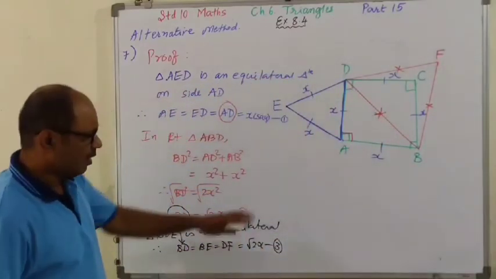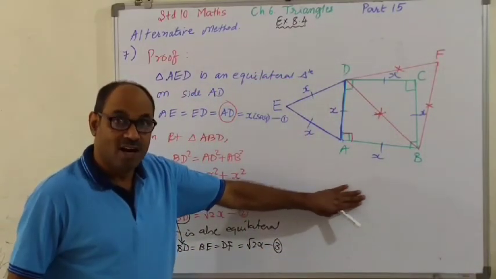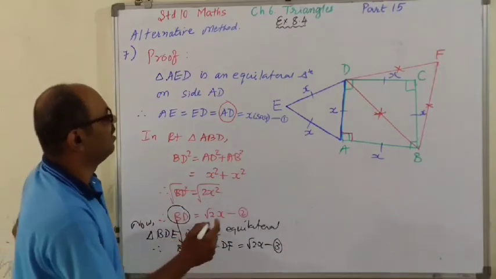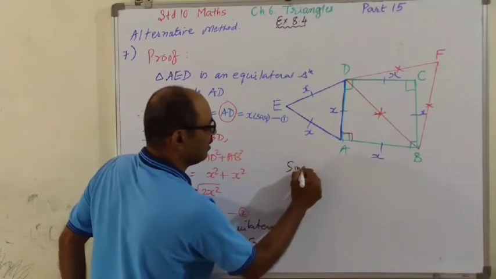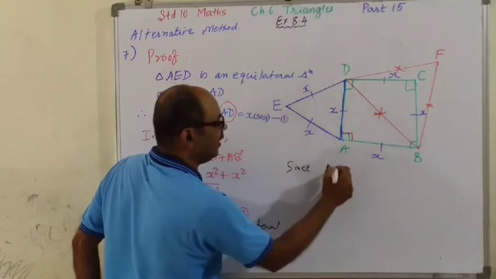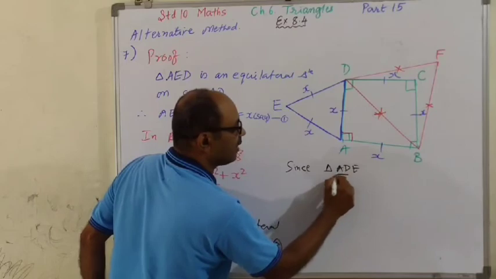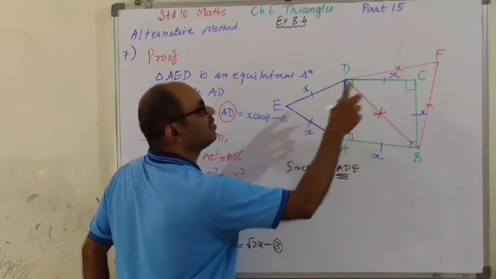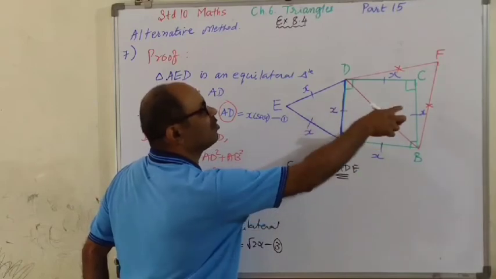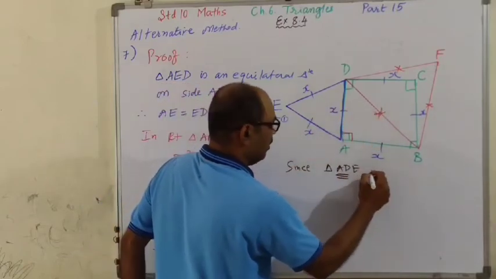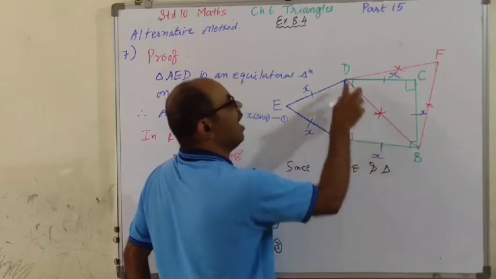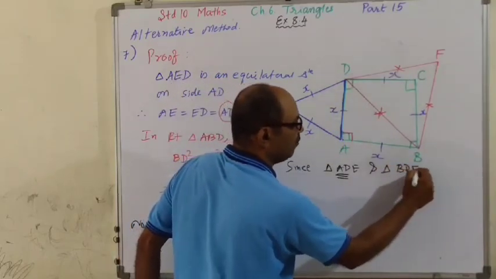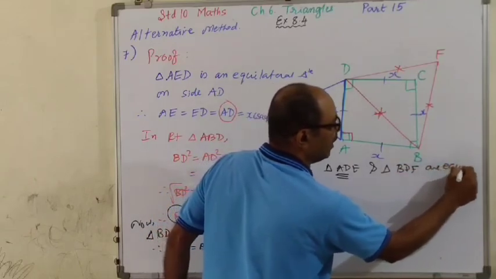So we need not write and show this. Okay, so I'm going to write here, since triangle ADE, starting with that side, which is also a side, I take the base, which is also a side of the square, and for the triangle here I take the diagonal, BDF, are equilateral.